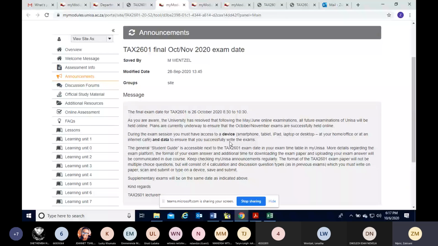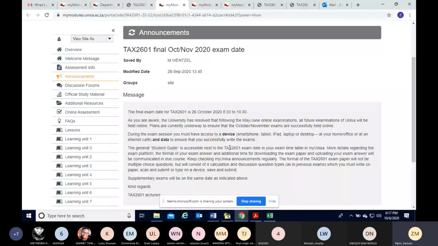As Renata has said, the exam information will be provided, but these are things that you need to prepare for at this point: have a device that you will be scanning your paper on and sending through your paper. The second important thing is you will need data to be able to write successfully on your exam.